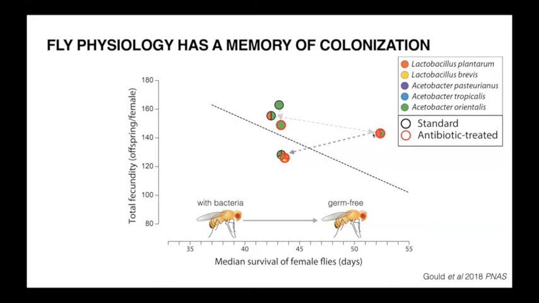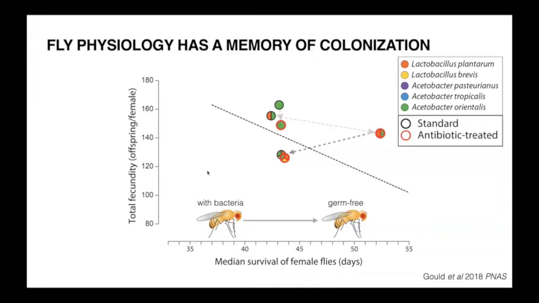Why does this one association have no memory of having a microbiome, whereas this more complex association, the simpler association, do have a memory? So there's probably a physiological basis inside the fly, but it's based on this interaction. This is certainly a non-additive interaction with these phenotypes. So the interactions are important.